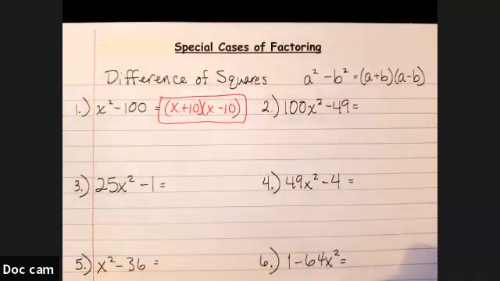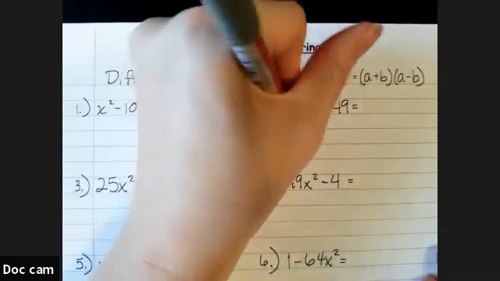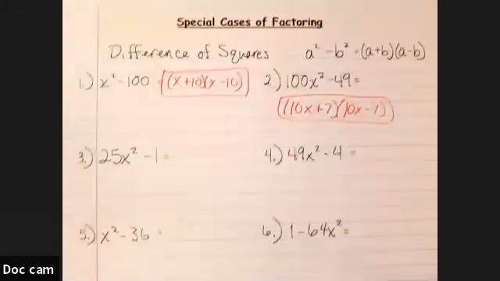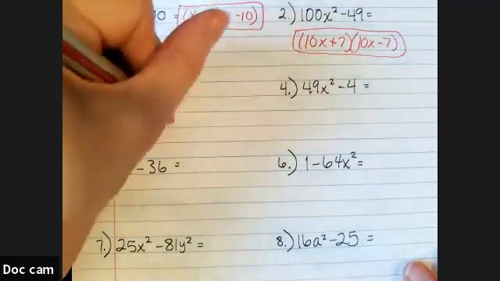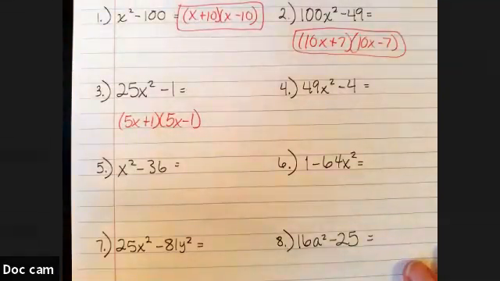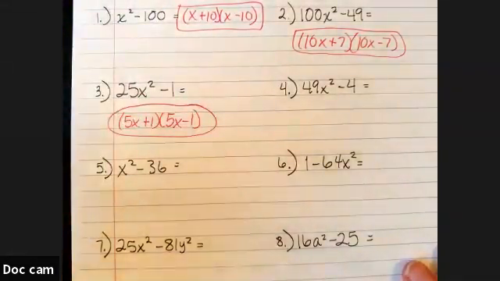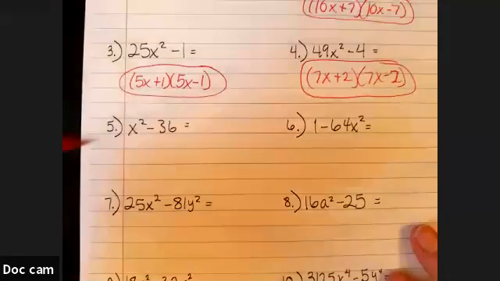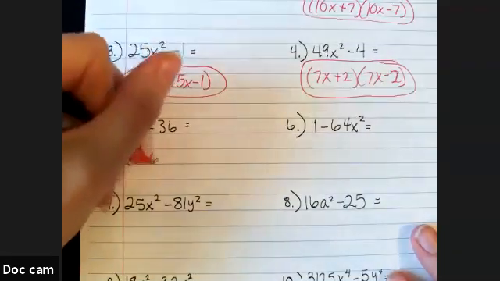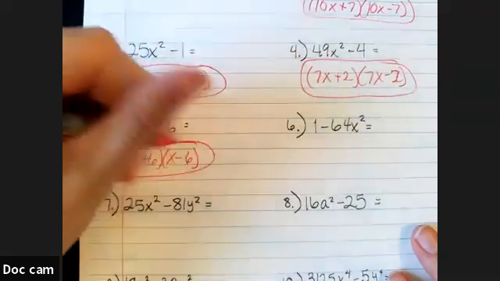Number 2, that would be 10x plus 7 times 10x minus 7. Number 3, that would be 5x plus 1 times 5x minus 1. Number 4, that's 7x plus 2 times 7x minus 2. Number 5, that would be x plus 6, x minus 6.